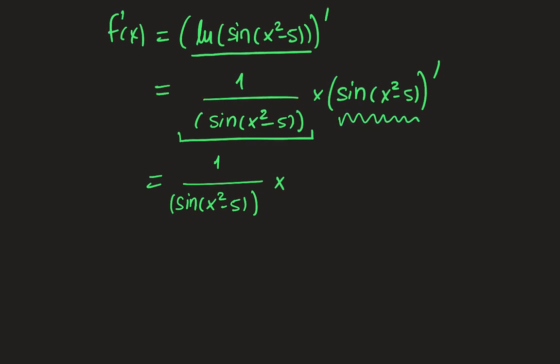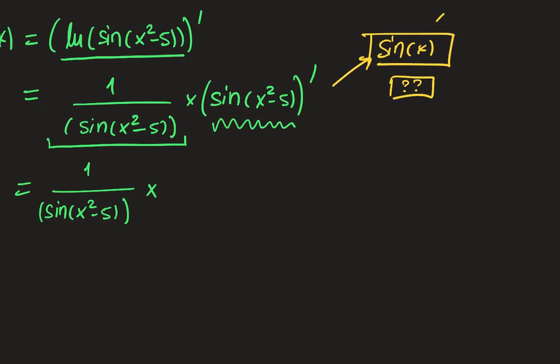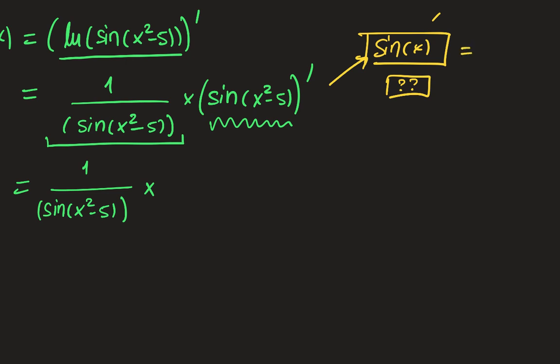By having another look, I can see that this is a combination of the parent function, which is the sine x, and something else. Let's just put a question mark. So the derivative of that is going to be based on the derivative of the parent function, and the derivative of sine x is cosine x, right?